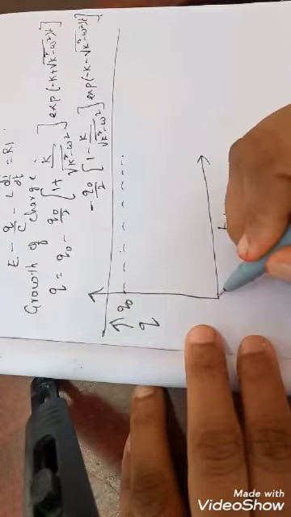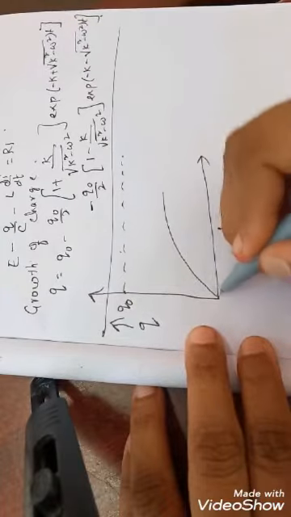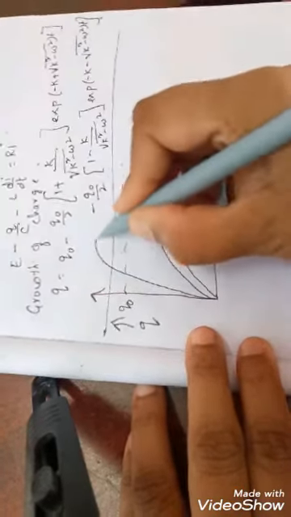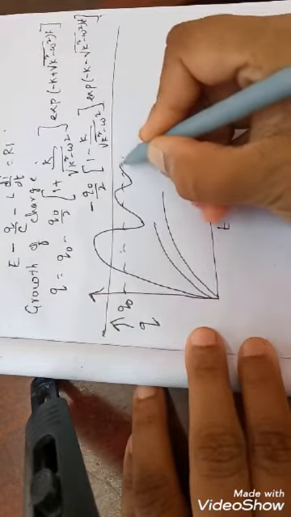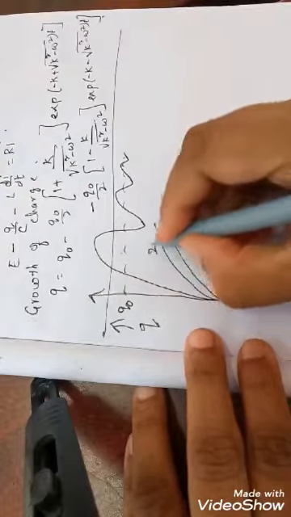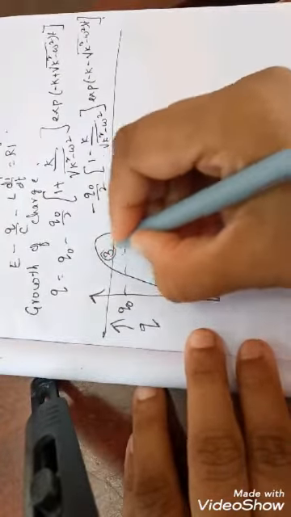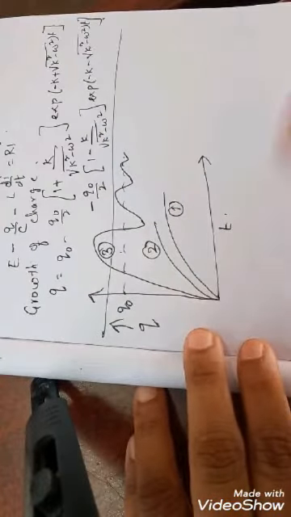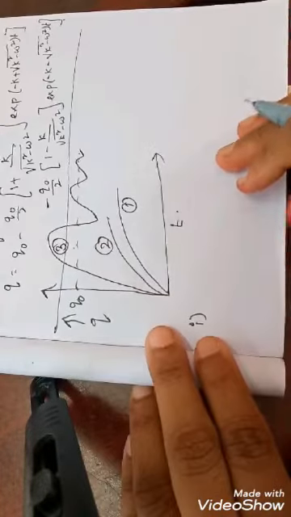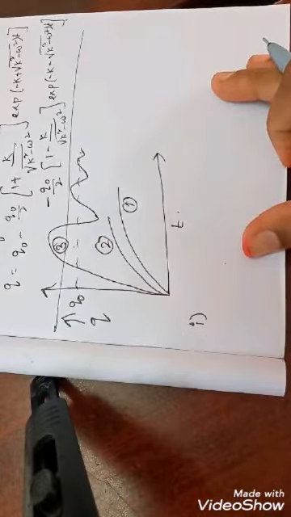In the graph we will get three situations: situation 1, situation 2, situation 3. First let us discuss case 1.